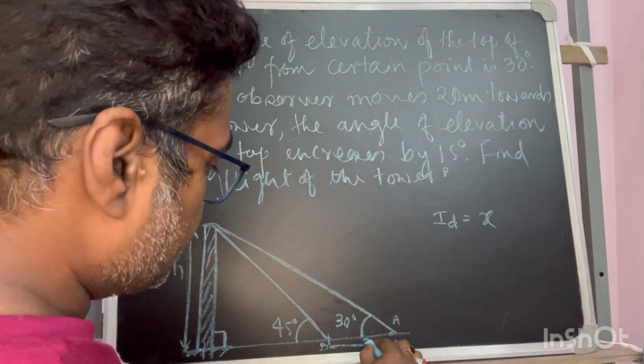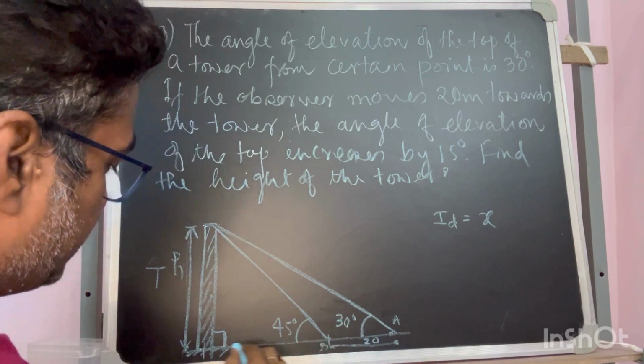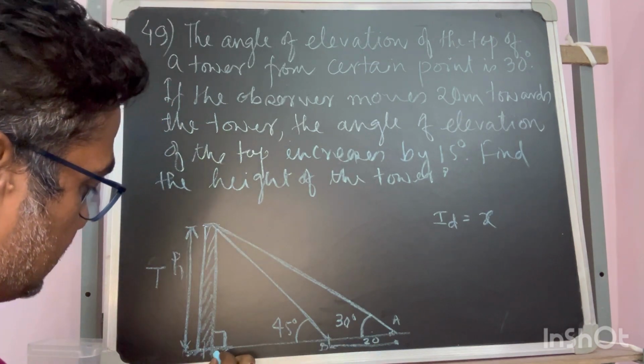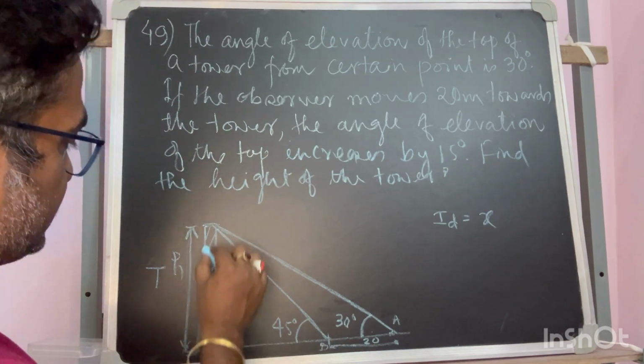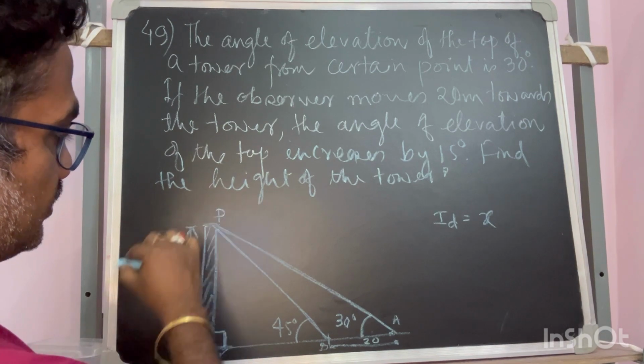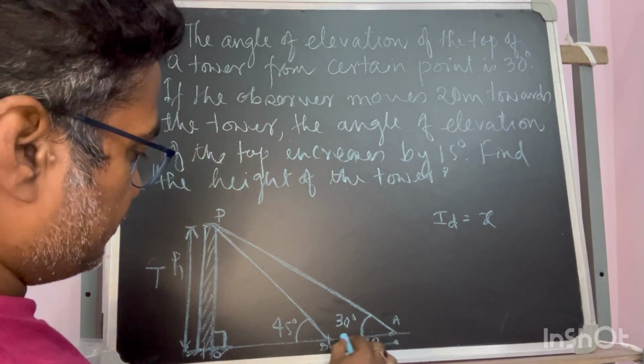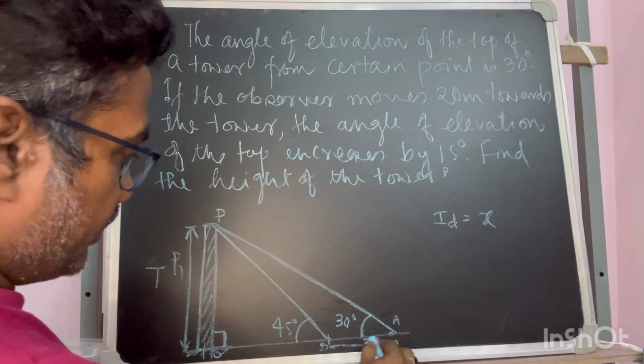So this part is 20. I am considering this point as O, and this as, let's say, P, and this is AB. Now what is AB?